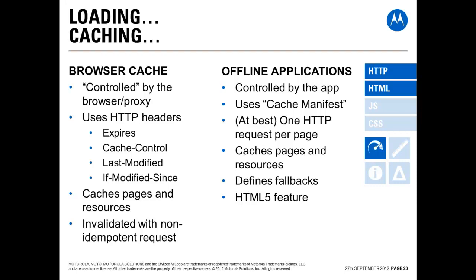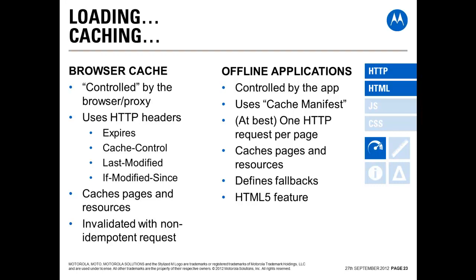So the other way of caching is using the offline applications. This is now controlled by the app, not by the browser or proxy. So you can define an offline application by specifying a cache manifest, which I'll show you on the next slide.